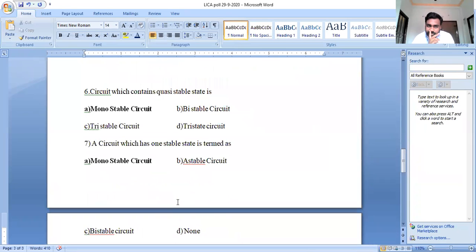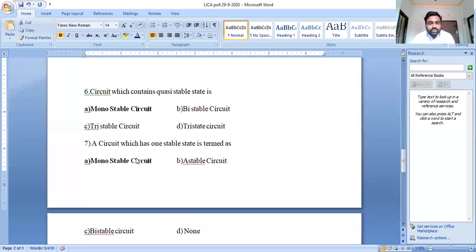Sixth question: the circuit which contains a quasi-stable state. In bistable analysis we don't study a quasi-stable condition; both conditions are stable there. But in the monostable condition, at positive saturation it is stable and at negative saturation it is quasi-stable. 58% of the students chose the correct answer here.